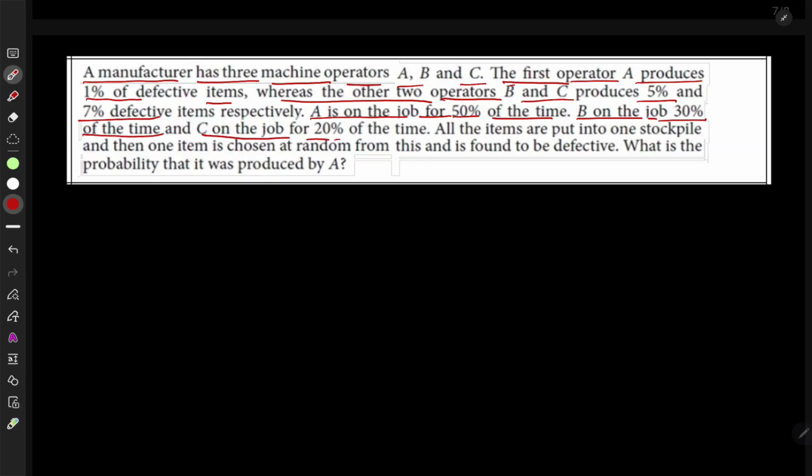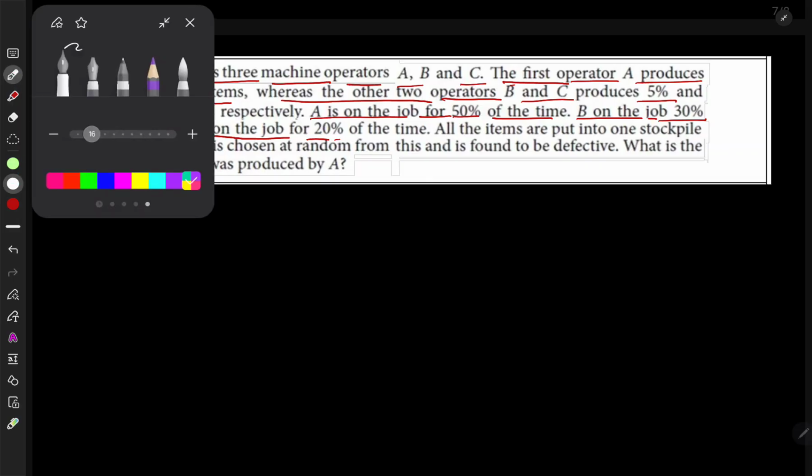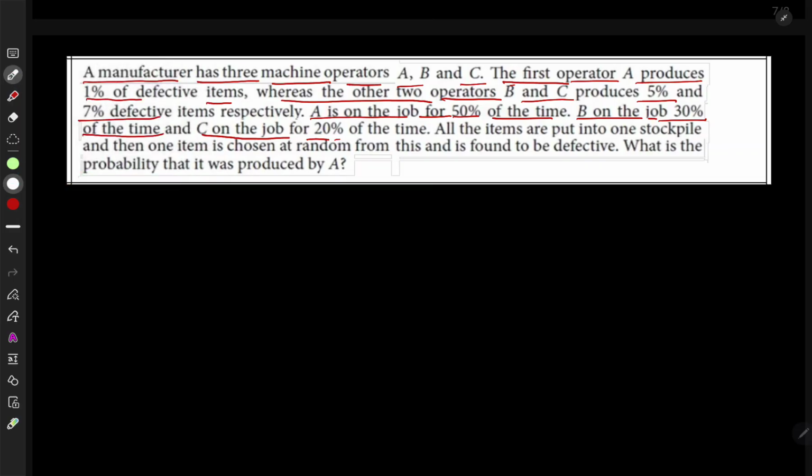So let's say the job is considered for 1 month or 10 days or 1 day, meaning 100% time. In 100 hours, you can say 50 hours A is there. So first of all, you will say E1 is the event that A is operating the machine.